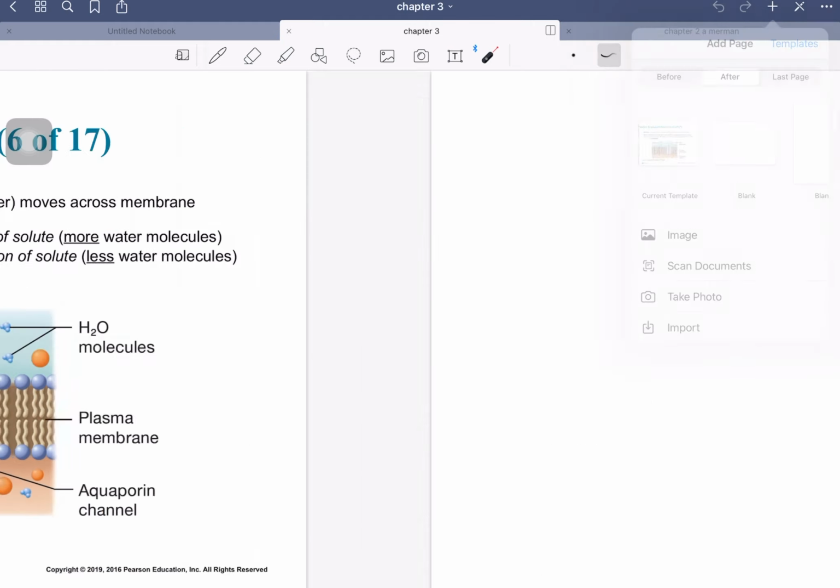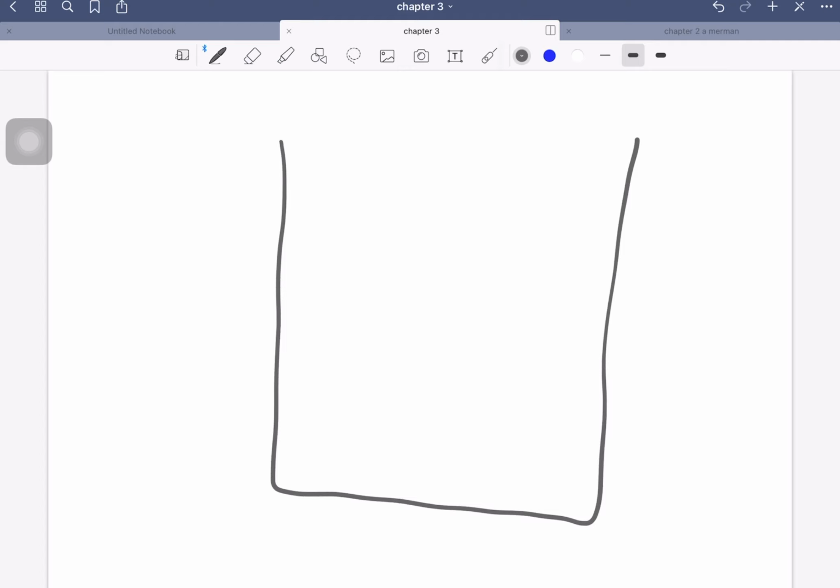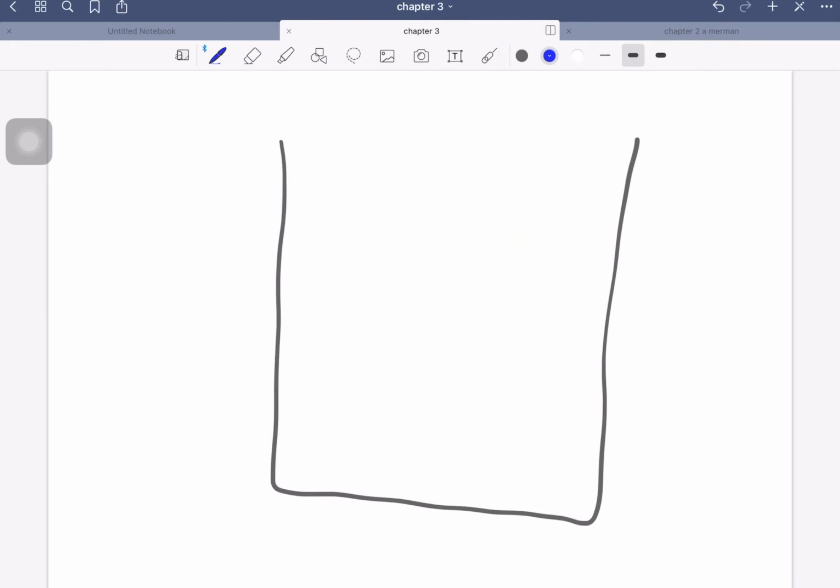So let's have a quick look at that. So let's just draw a container. So here's a container, and then let's put in a semi-permeable membrane. So here's a semi-permeable membrane in the middle.